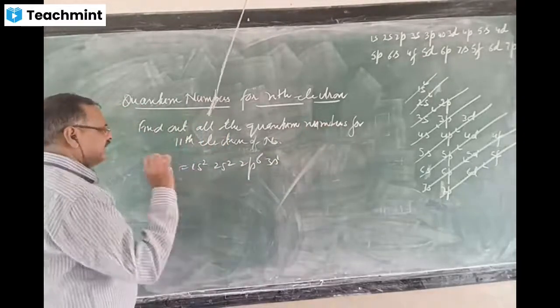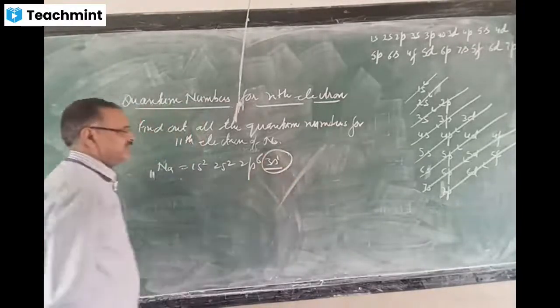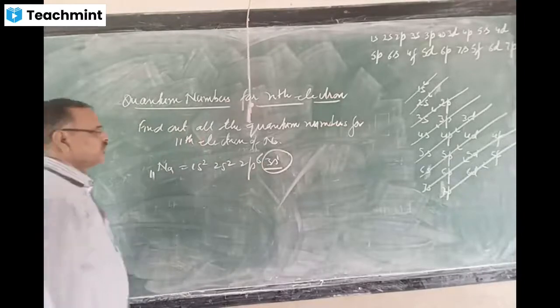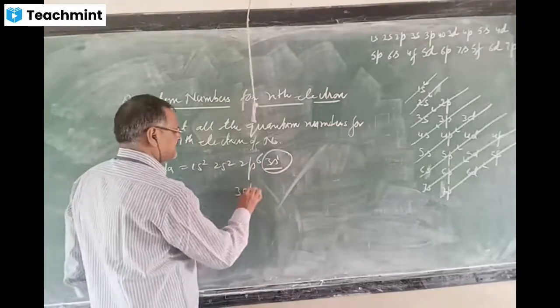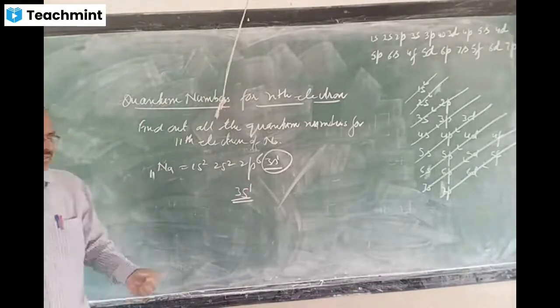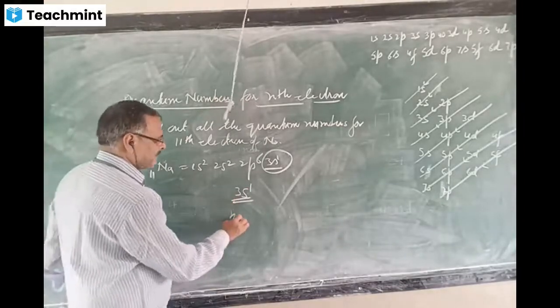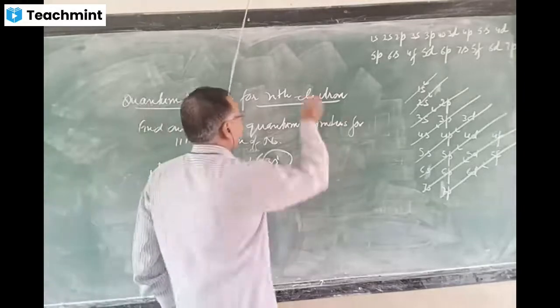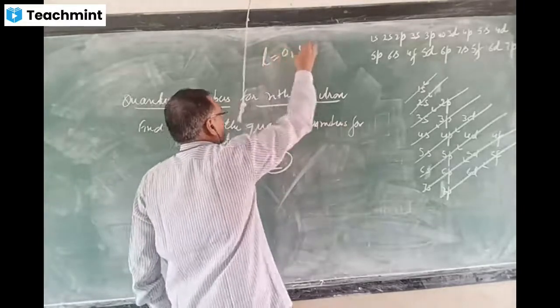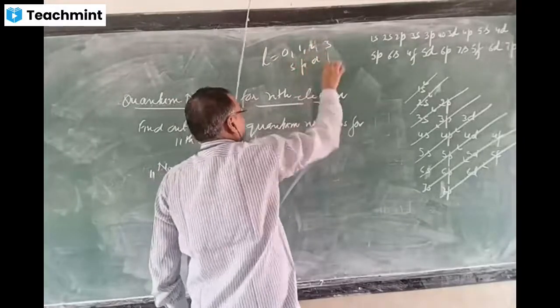So our 11th electron is present here. For 3s1, you have to write all the 4 quantum numbers. The principal shell, n is equal to 3. Then you have studied l is equal to 0, 1, 2, 3: s, p, d, f.